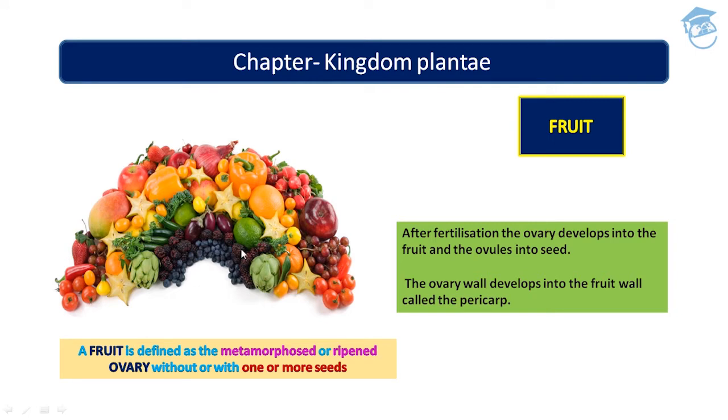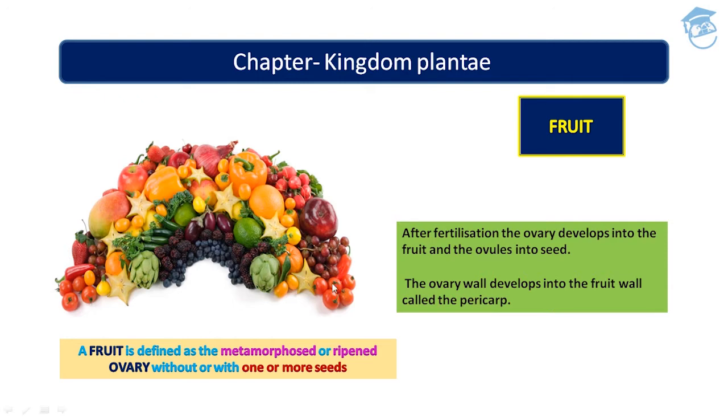So it is a mature or ripened ovary which is developed after fertilization. If a fruit is formed without fertilization of the ovary, then that is called parthenocarpic fruit. I repeat, if a fruit is formed without fertilization of the ovary, then that fruit is called parthenocarpic fruit.